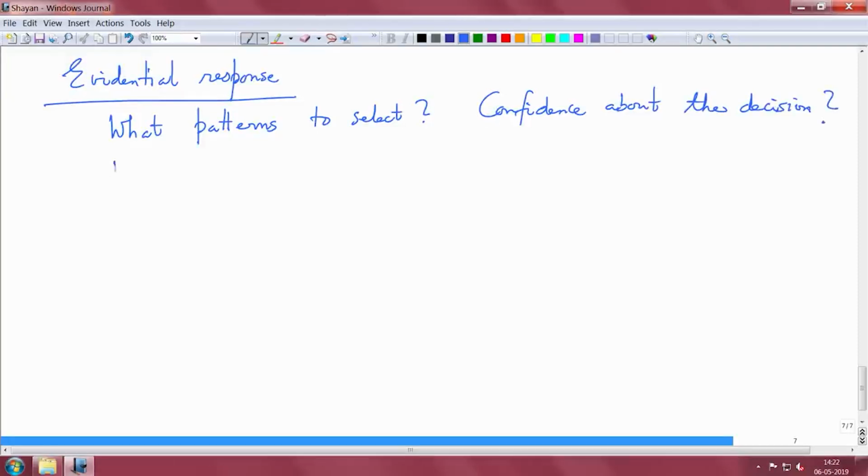I mean, we want to reject ambiguous patterns and select those that are important for us.